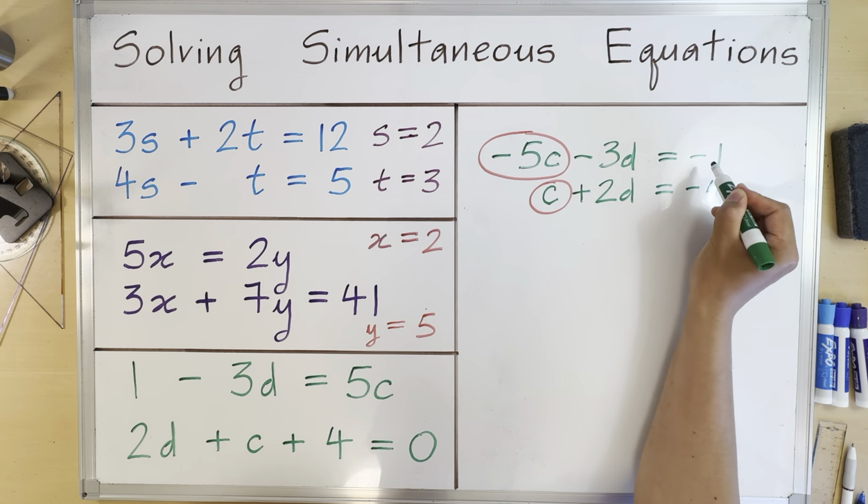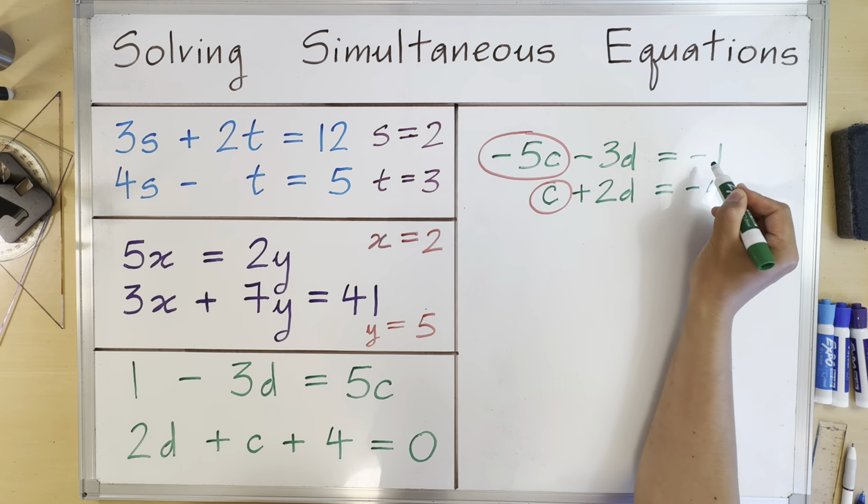Now we're going to put brackets around both sets of equations. And in order to get rid of the term negative 5c in both equations, we must either add the two equations together or subtract one equation from another. Which one do we choose? Well, let's take a look at it carefully.